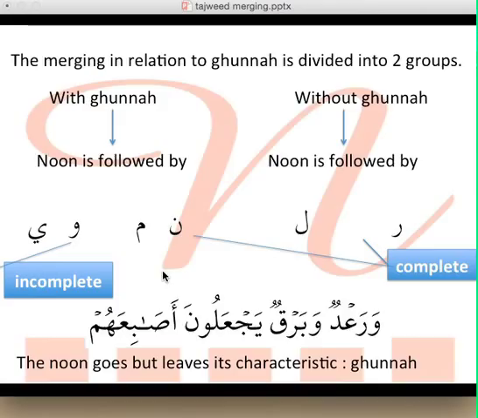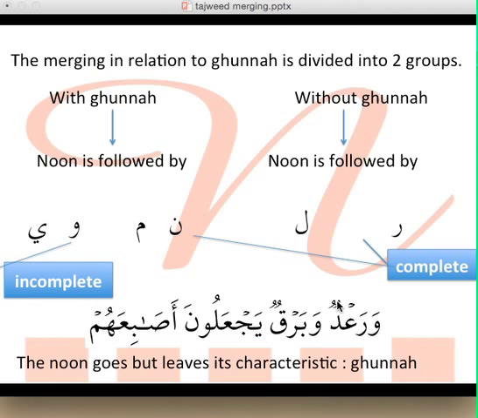The same one. ورعد وبرق، يجعلون أصابعهم. ورعد, dal and there is waw. There is idgham because of tanween ad-dam, afterward there is waw. This waw is part of this group which is with ghunna. So we have to apply ghunna, and it is incomplete.